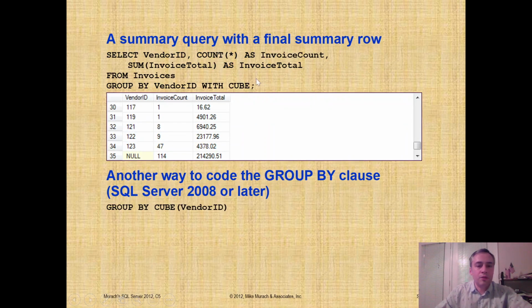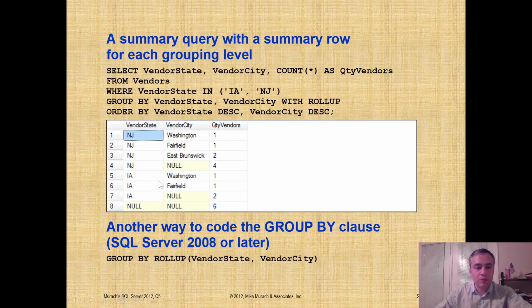So we can, of course, do a rollup. The rollup is not the only thing that we can do. We can also do it with cube. So rollup was rolling up in order. Let us look back and notice that order. First of all, vendor state, and then vendor city, then vendor state.